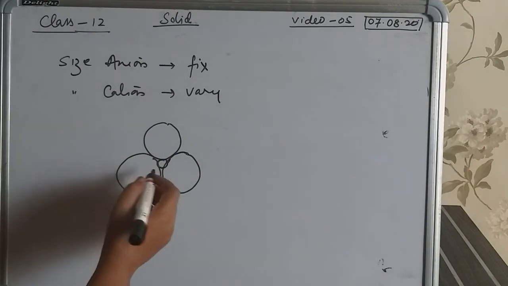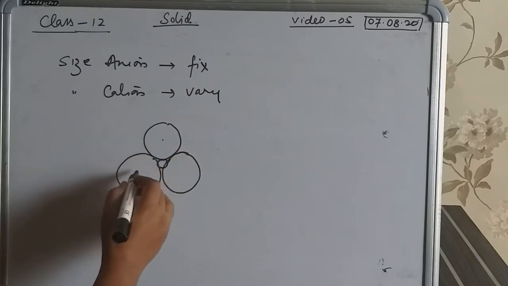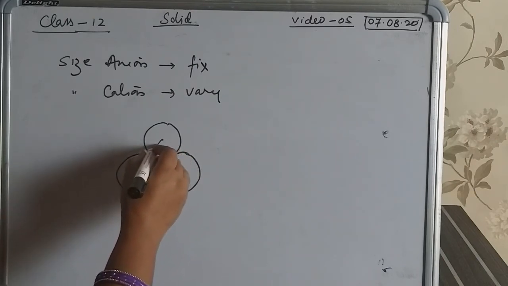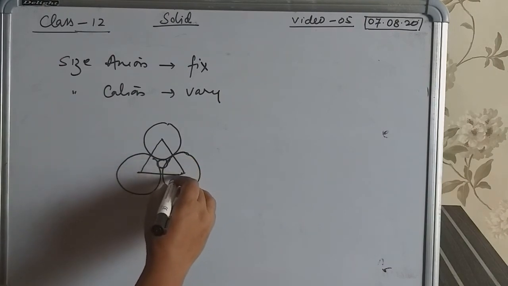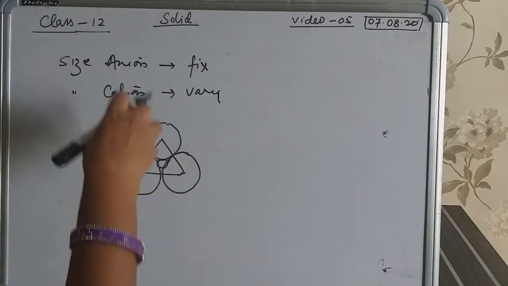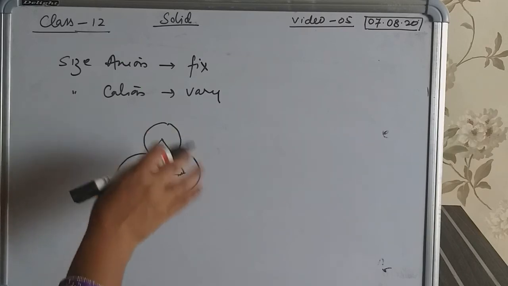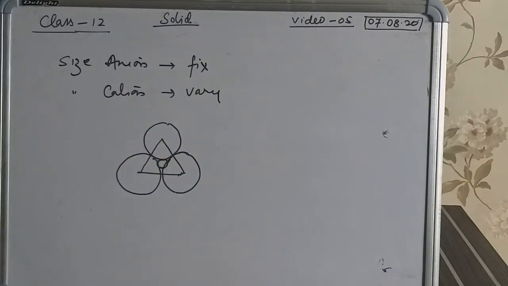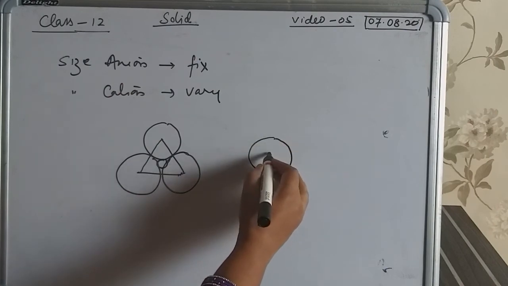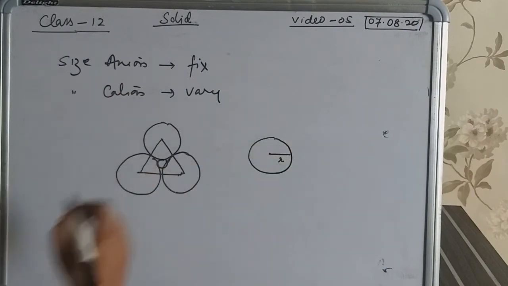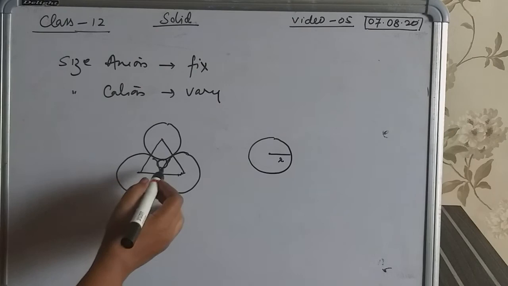So at first we see which type of void is formed. It is the triangular void. If we put one ball over it, it becomes tetrahedral. So if we consider the radius from this to this, this is the triangular void.